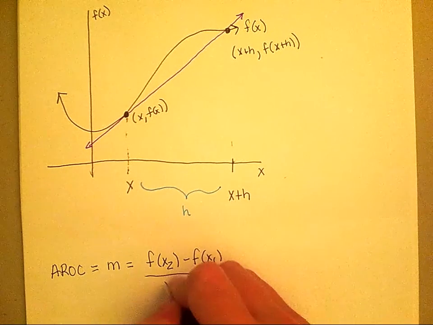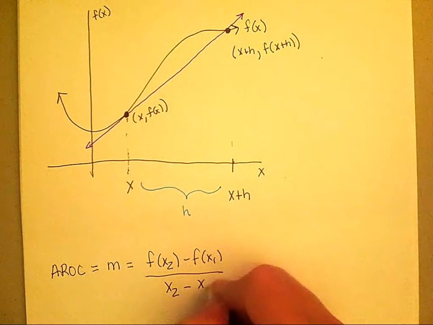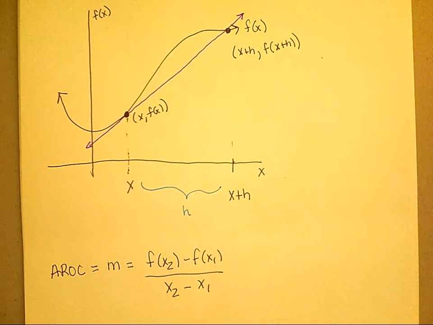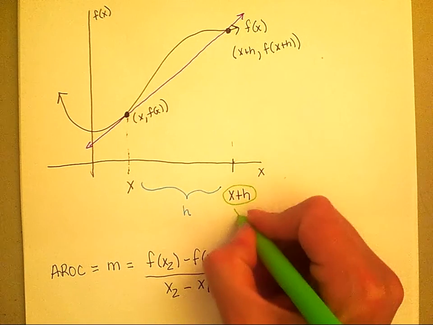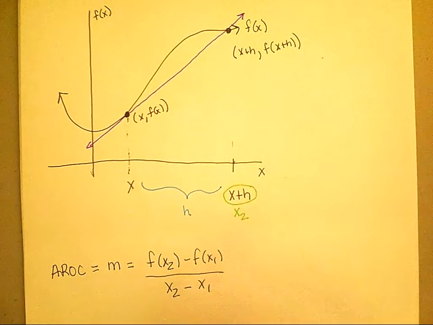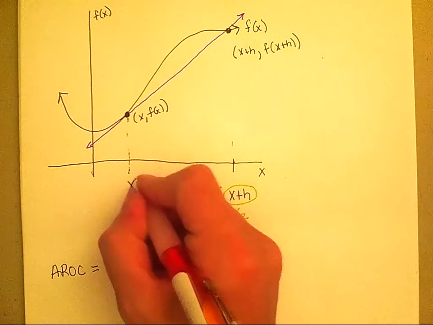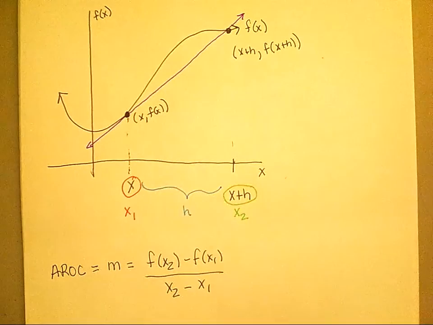Remember, average rate of change is equal to the slope, which is the function evaluated at x2 minus the function evaluated at x1 over x2 minus x1. So now the question becomes, well, what's our x2 and what's our x1?